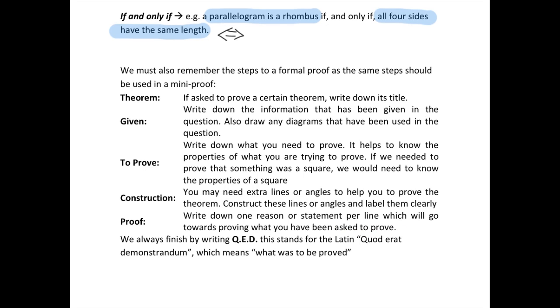But conventionally, we always finish by writing QED, which stands for the Latin Quod erat demonstrandum, which means what was to be proved. And sometimes, instead of QED, you might see people draw a small square with lines through it like this to signify the end of a theorem as well.